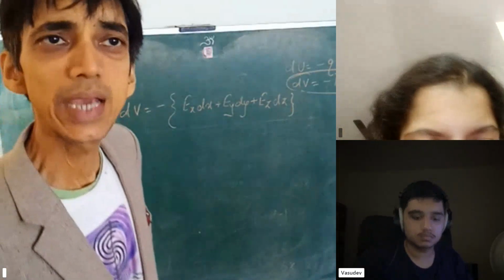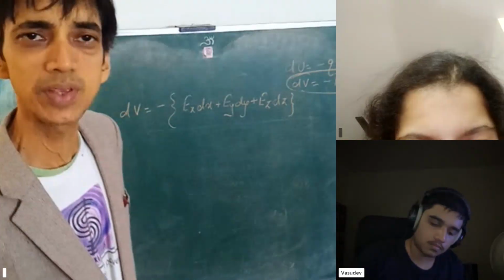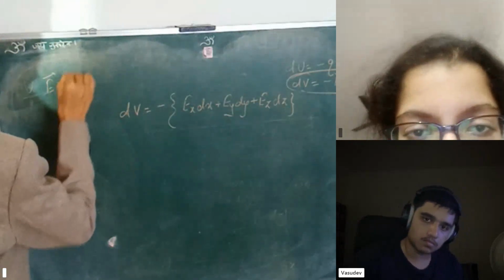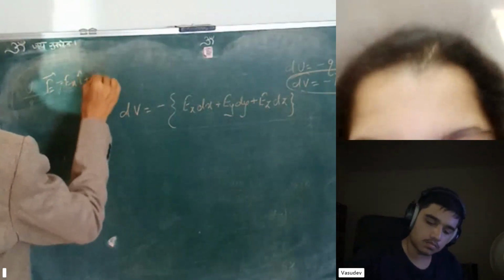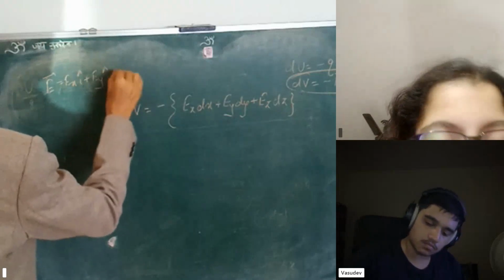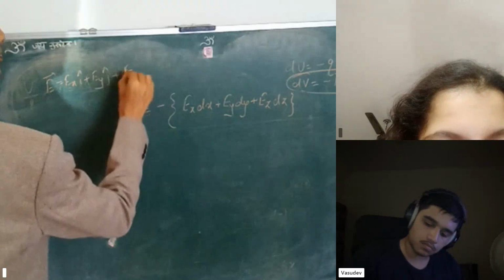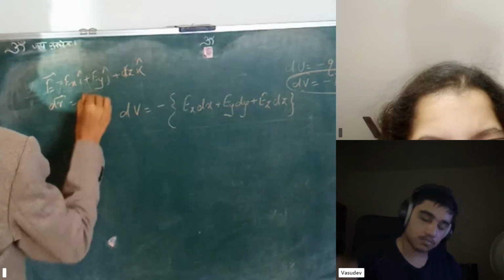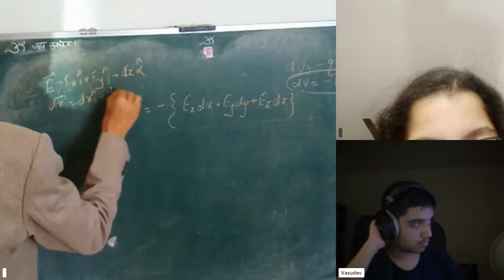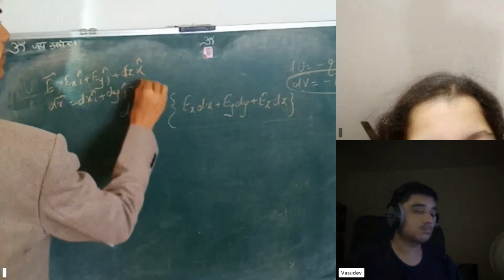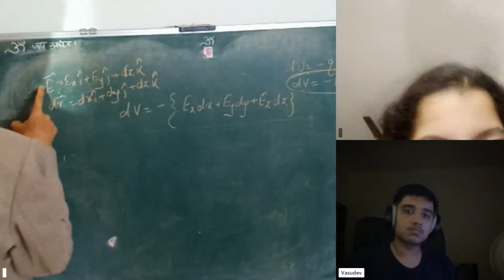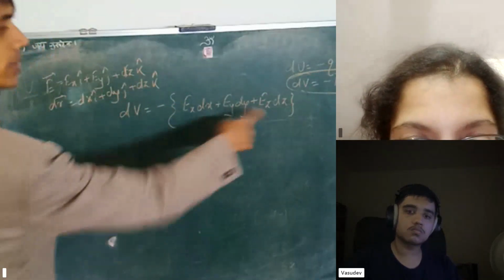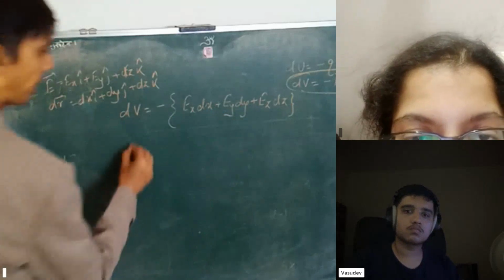If I find E dot dr by use of Ax Bx plus Ay By plus Az Bz, we get this, correct?